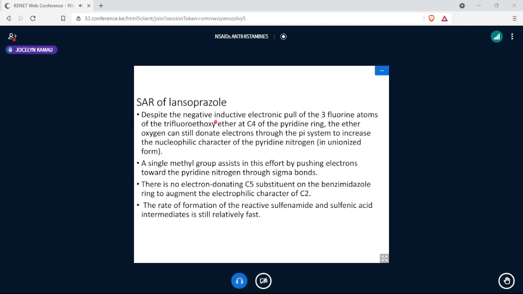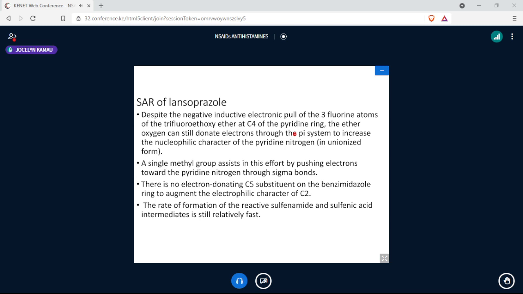So despite the negative inductive electronic pull of the 3 fluorine atoms of the trifluoroethoxy ether at carbon 4 of the pyridine ring, the ether oxygen can still donate electrons through the pi system to increase the nucleophilic character of the pyridine nitrogen. So if you look at that long substituent on lansoprazole, yes, it has a trifluoro group.